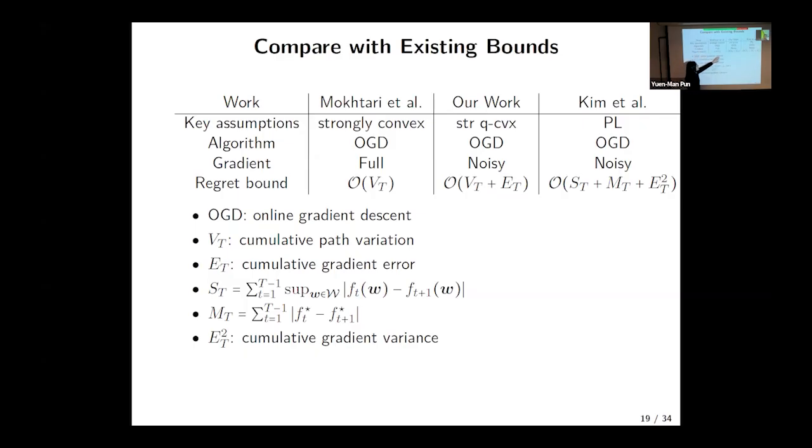We see that our regret bound is as good as Molteri's work, the strong convexity one. And in Kim's work, they have other terms, like the cumulative supremum between the loss functions at consecutive time steps, and also the cumulative difference between the optimal values at consecutive time steps.